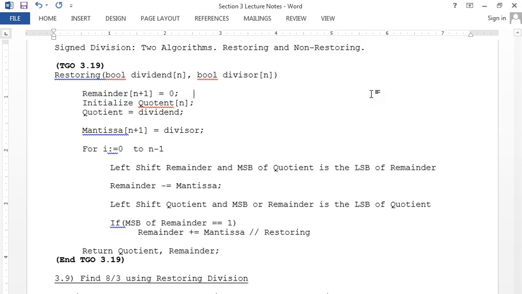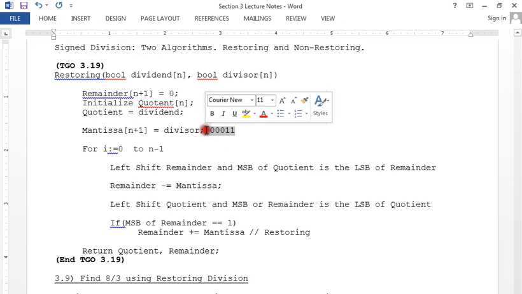So in this case, since n is equal to 4, therefore it's going to be 1, 2, 3, 4, 5, right? Initialize the quotient equal to dividend. The dividend is 8, so it'd be 1, 0, 0, 0, since it's n bits. The mantissa is going to be n plus 1. And that's going to be 3. So that'd be 0, 0, 0, 1, 1. So that's where that comes in.